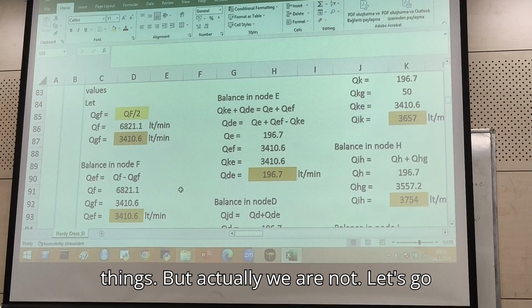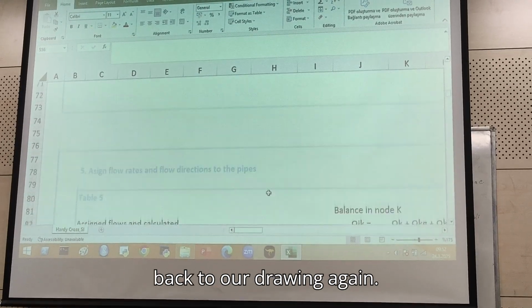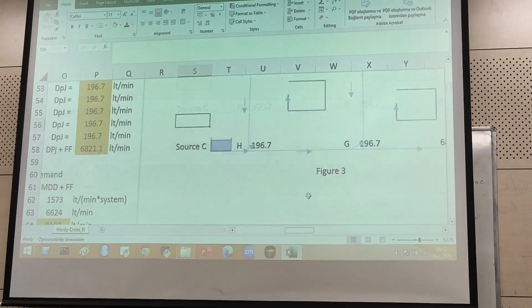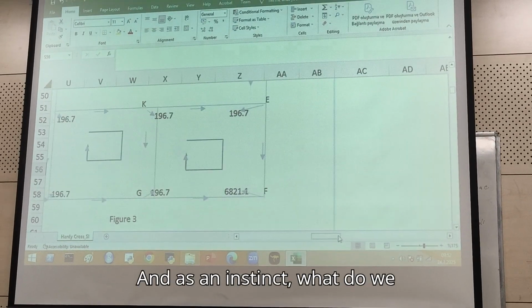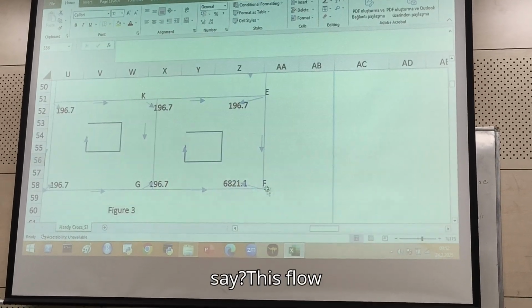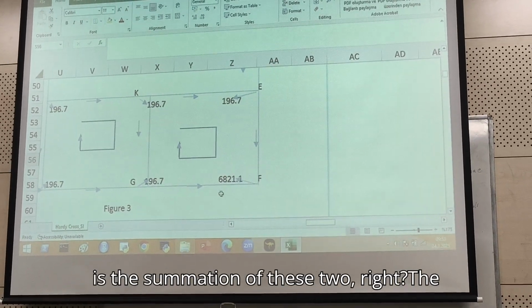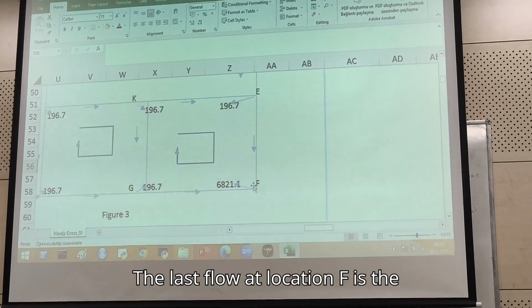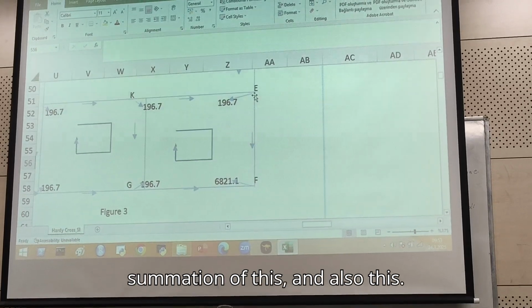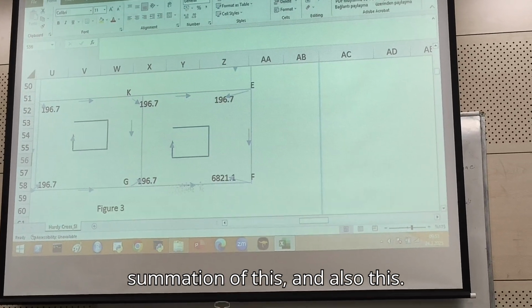But actually we are not. Let's go back to our drawing again. And as an instinct, what do we say? This flow is the summation of these two, right? The last flow at location F is the summation of this and also this.